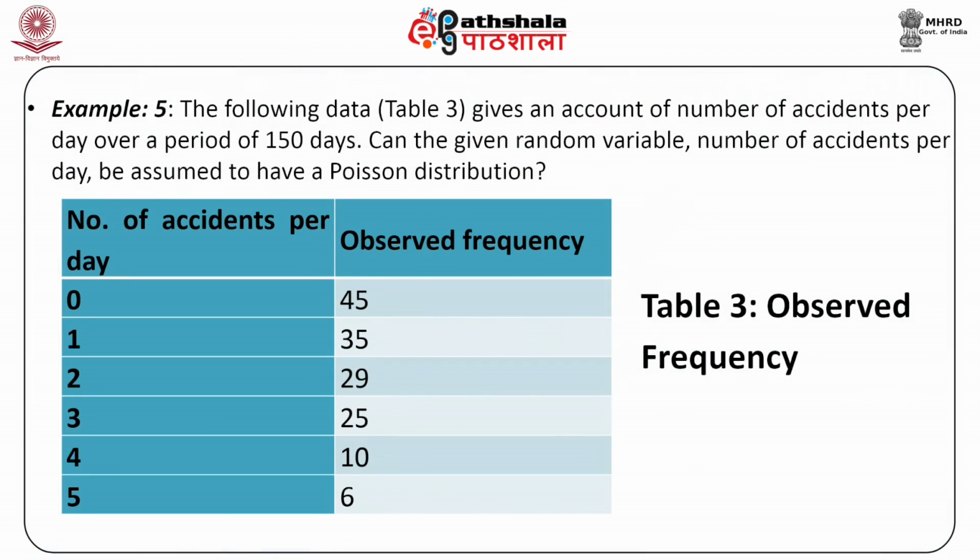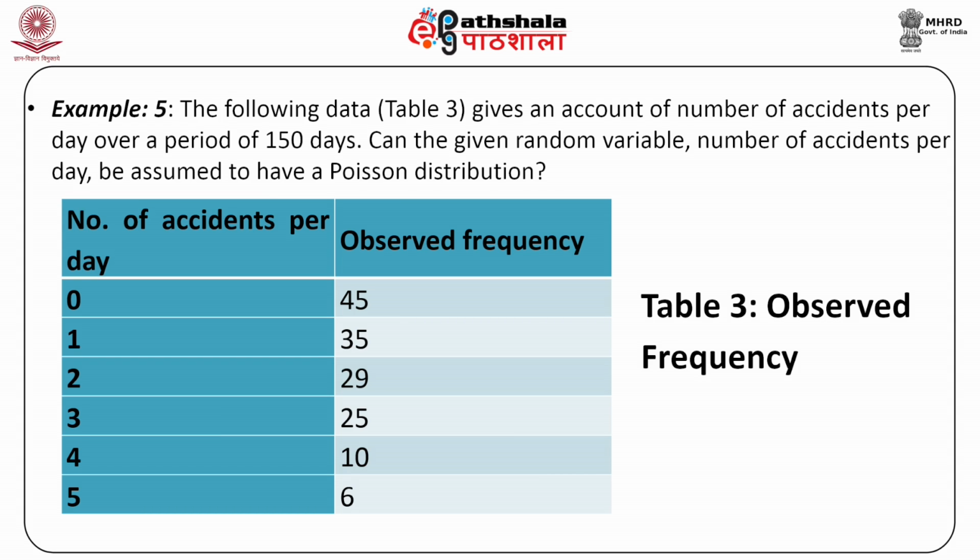So let's take example 1, in which we have the data which is given in table 3, which gives an account of the number of accidents per day over a period of 150 days. Can the given random variable, which is the number of accidents per day, be assumed to have a Poisson distribution?